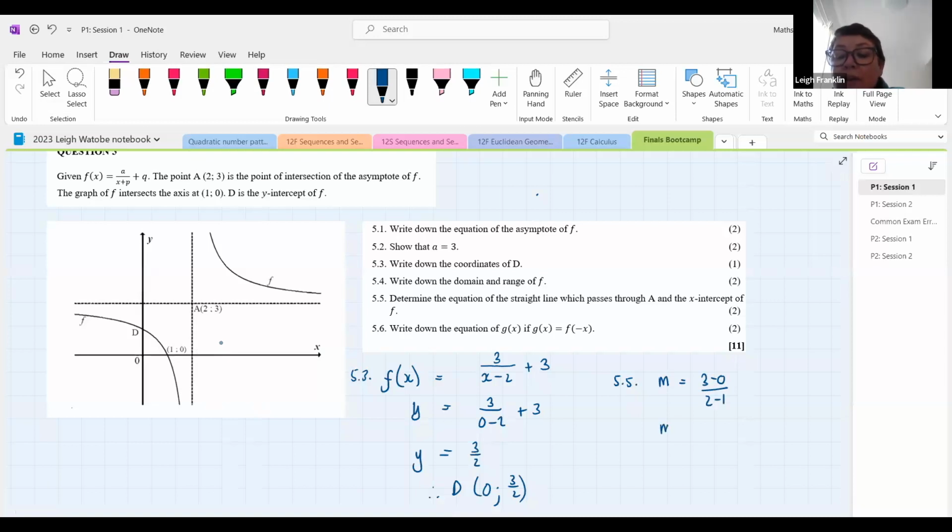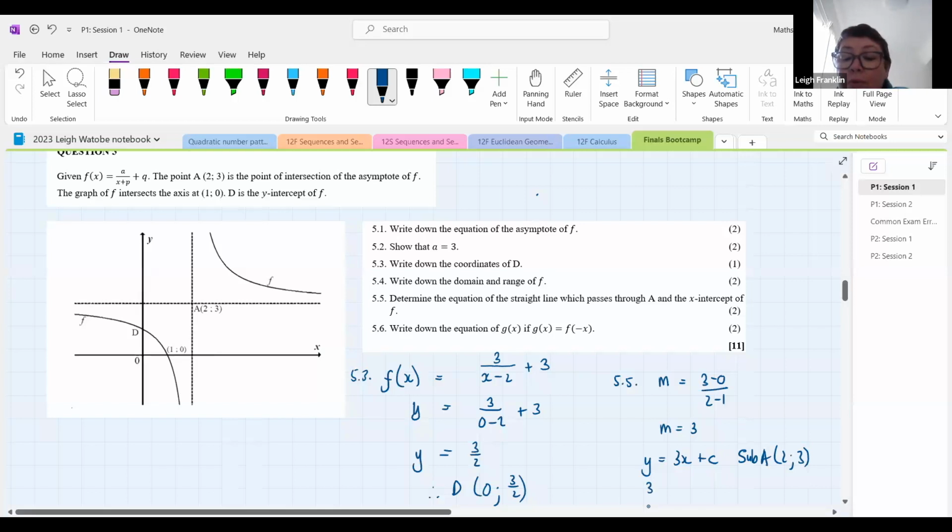That gives us a gradient of 3. So it's the line y equals 3x plus c, and then we can sub in either point. We can either sub in the x-intercept or we can sub in A. It really doesn't matter.